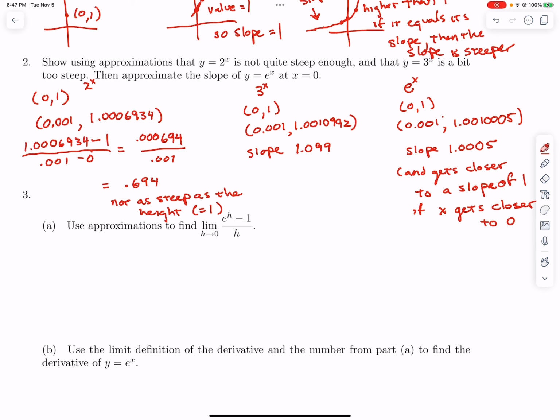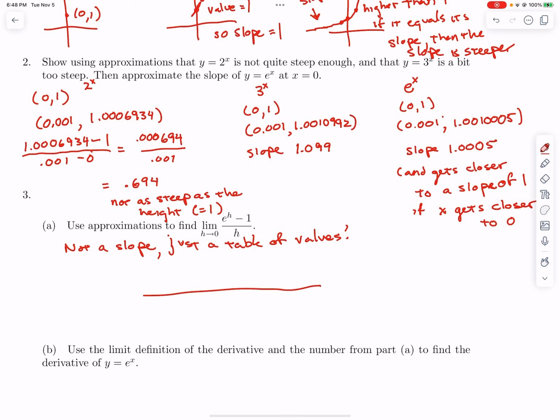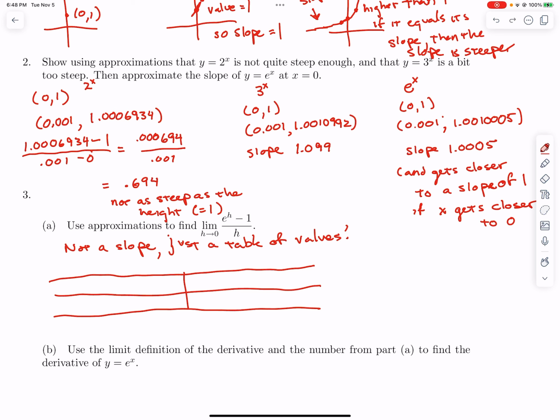First off, I need a preliminary thing. So let's see, a table of values. Let's do it this way. I'm going to do it horizontally, and I'm going to say, oh, I probably need more places for that.